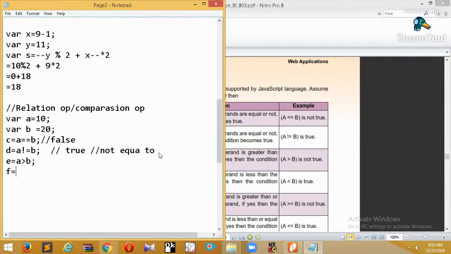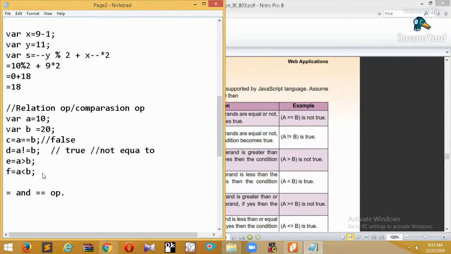Next, suppose I write f equal to a less than b, or any other operator such as greater than or equal to, less than or equal to. But one very important question will be asked here, a short question. What is the difference between equal to and double equal to operator?